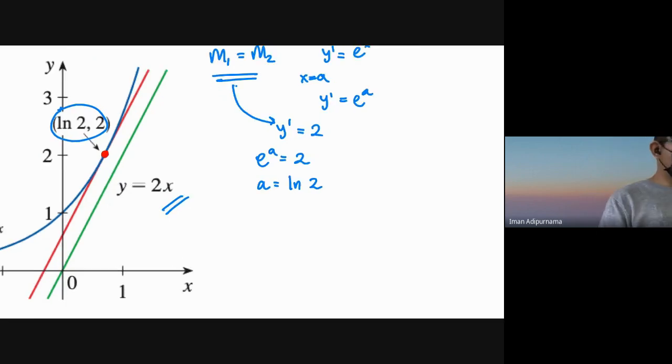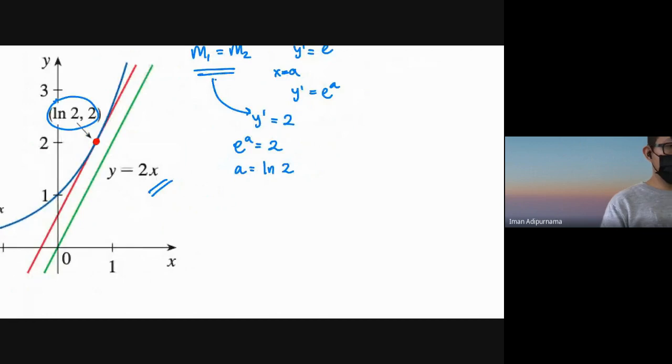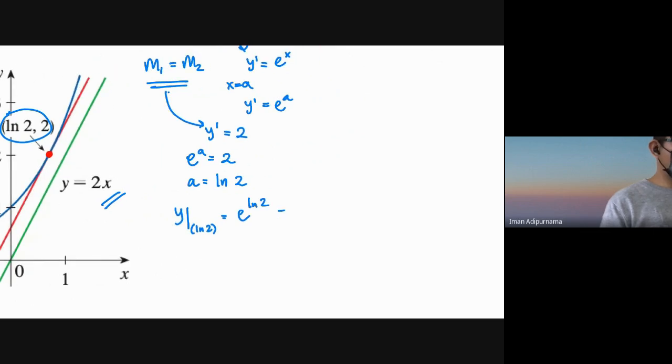Now when a is ln2, y is e to the ln2, which is 2.